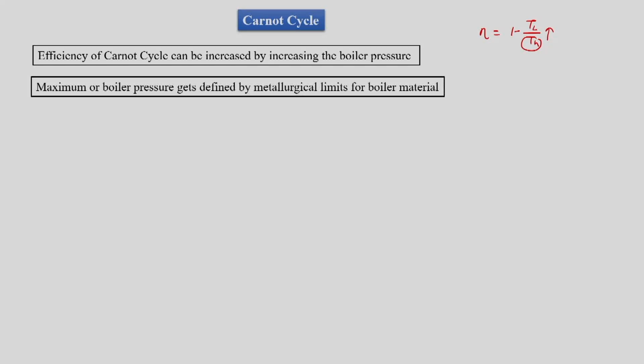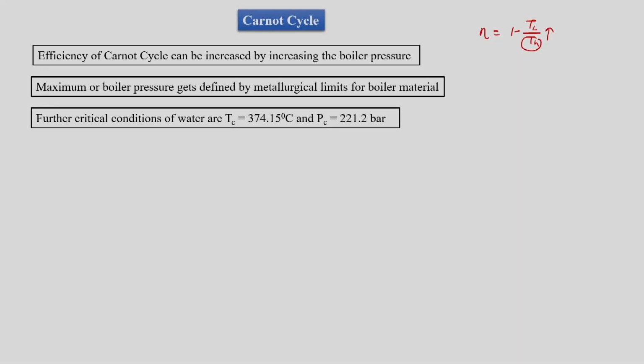addition. But there is a limit, and that limit says that the materials which are going to be exposed to that high temperature should not melt, and this is called the metallurgical limit, and we should not go beyond that metallurgical limit. But critical conditions for water are 374.15 degrees Celsius and 221.2 bar, and these are not too high as compared to the metallurgical limit, as compared to the melting point of the metals which are used for making the boiler components or the turbine components.